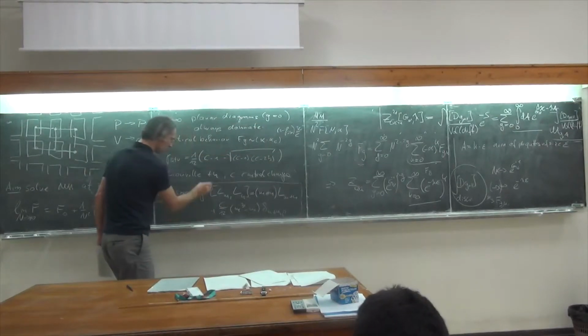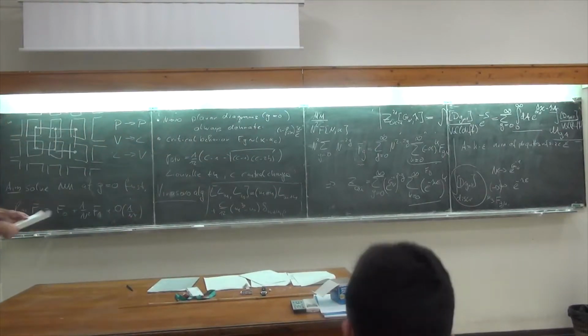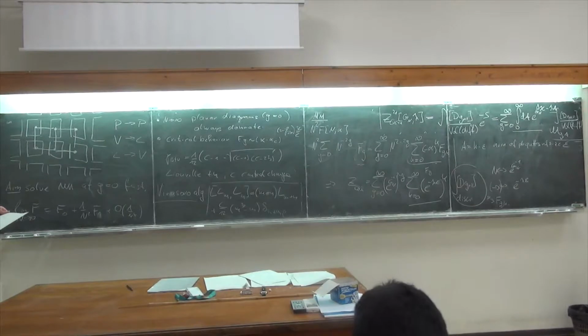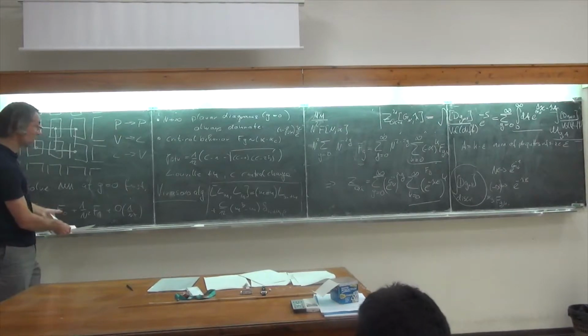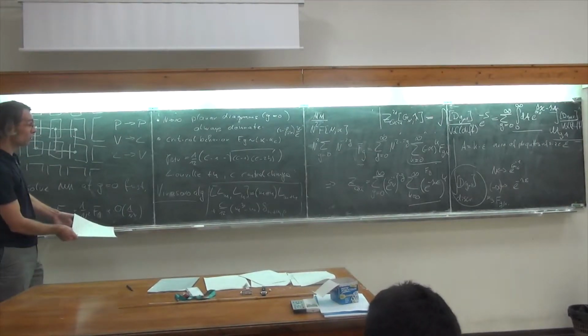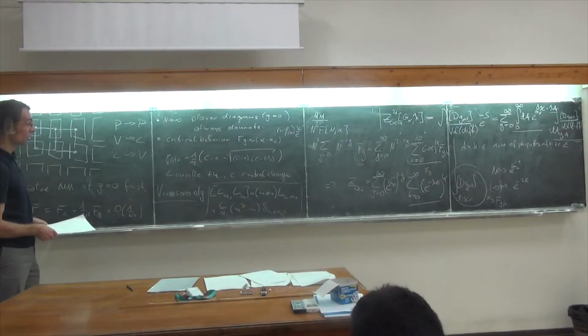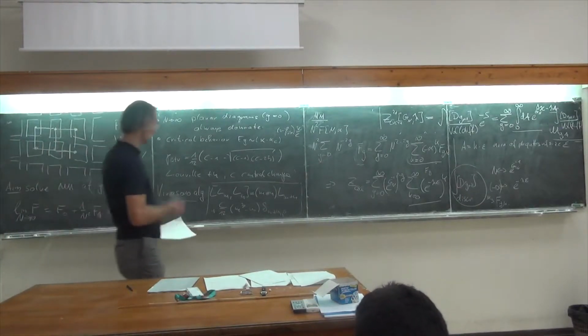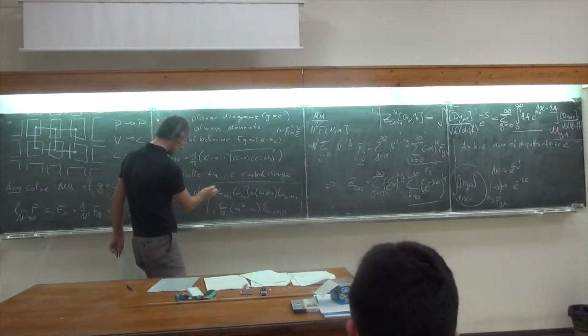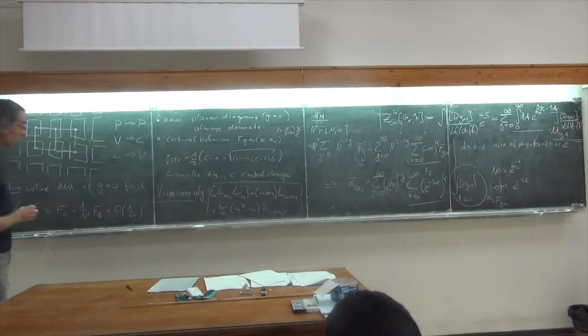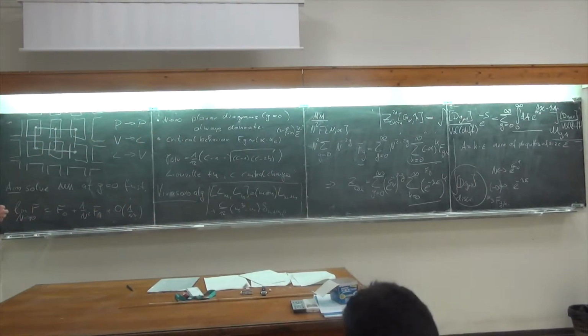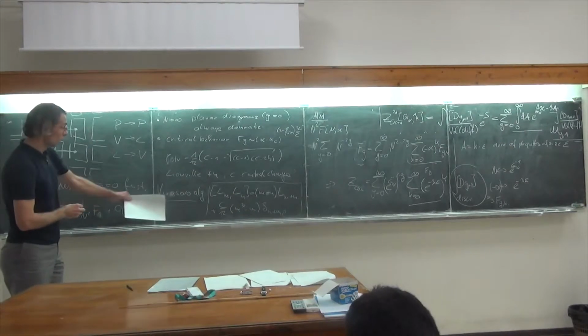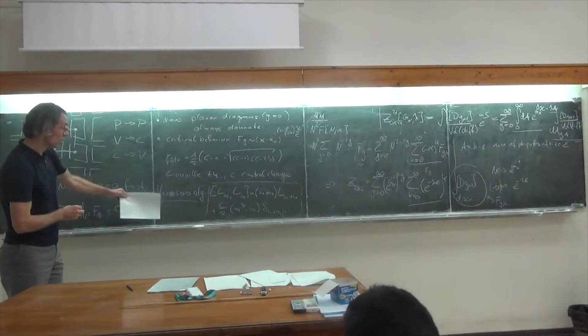So let me try to fill these words a little bit. Apparently there is a relation between our matrix model and conformal field theory that will hopefully become apparent, where these notations come from. Now I can say a little bit what this Virasoro algebra is.